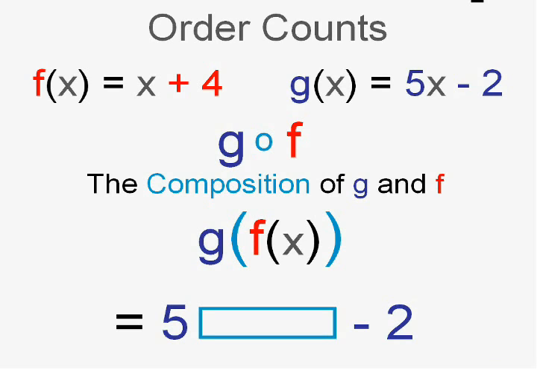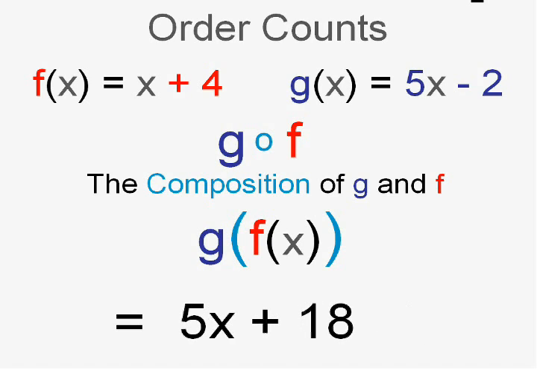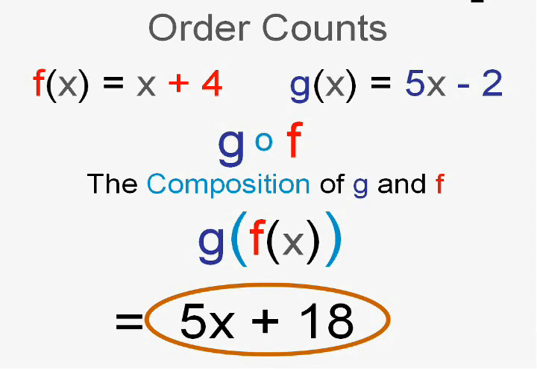See where the x would have been? I'm going to stick in f of x, which is x plus 4. Now I have to simplify. I'll distribute that 5, and then add the 20 and the negative 2, and I get a completely different answer: 5x plus 18. So order does count in composing functions.